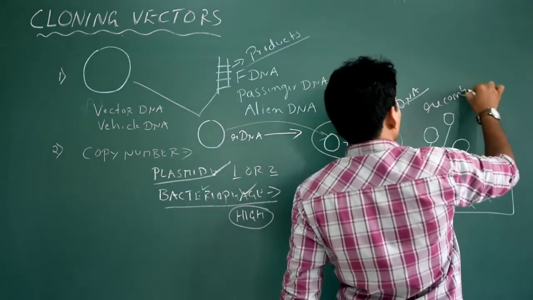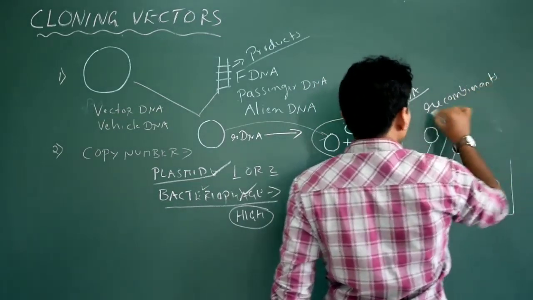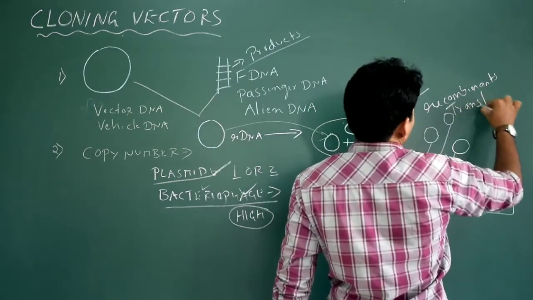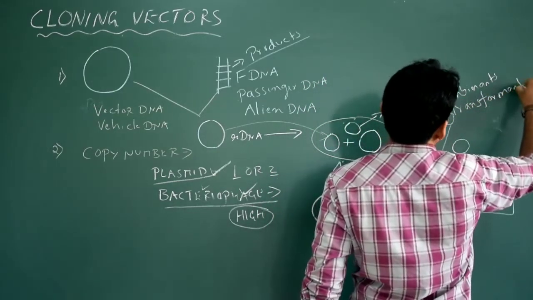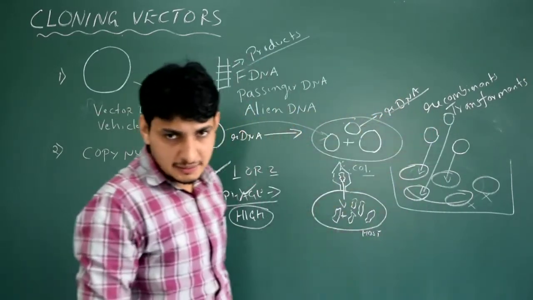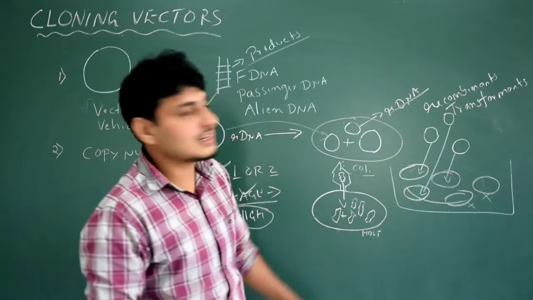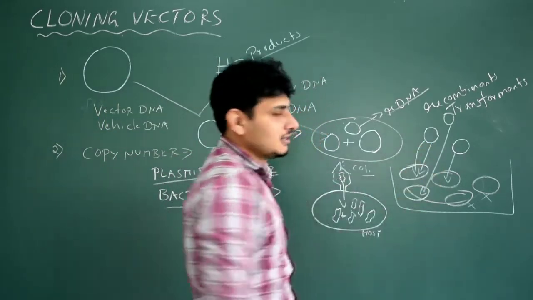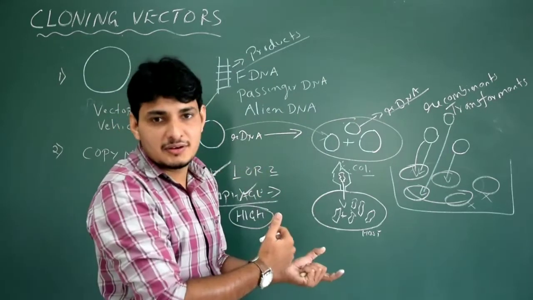Hope you understood this word, recombinants. The other name of the same is transformants. See the names, recombinants, that the host organism which has taken the rDNA, recombinant DNA. It is also called transformants because it has taken a different DNA from outside. So it has got transformation.